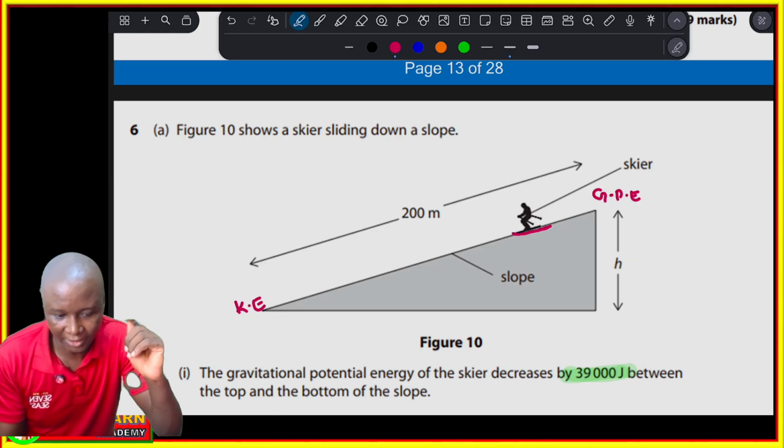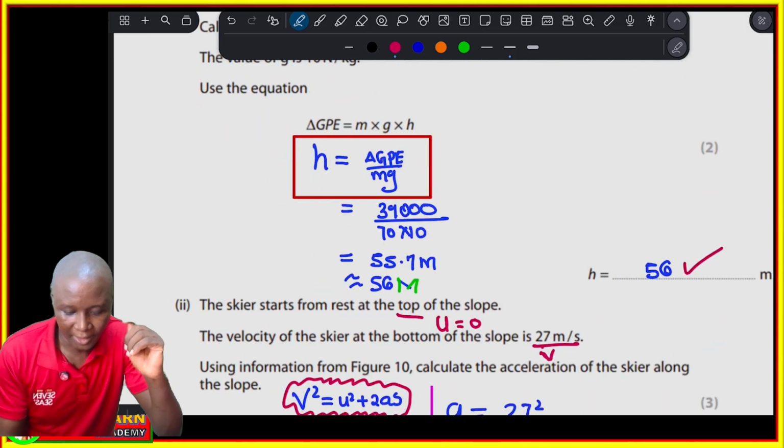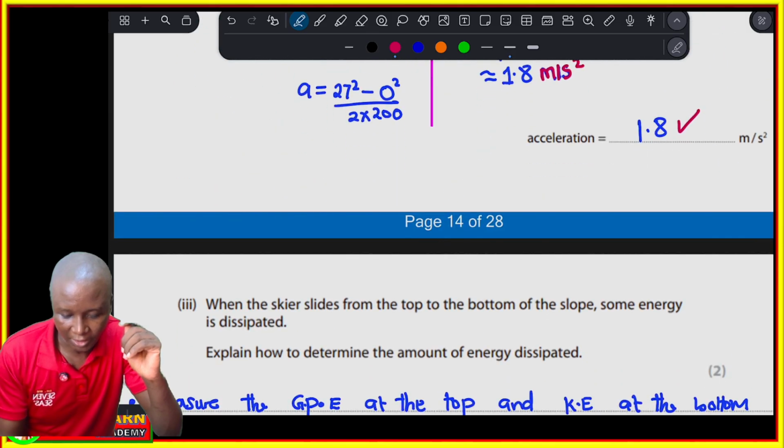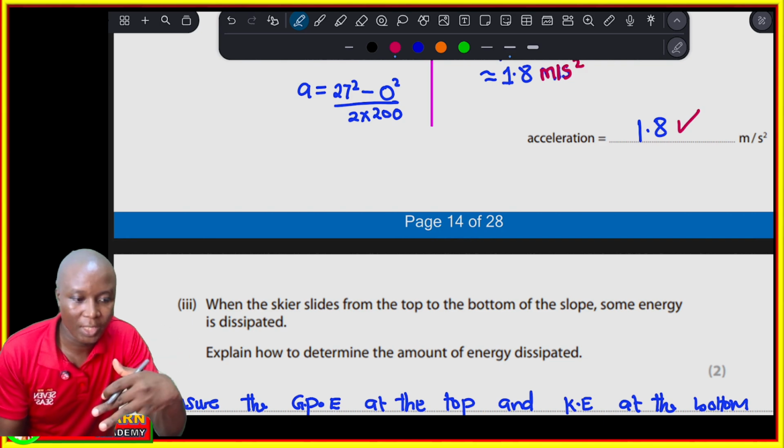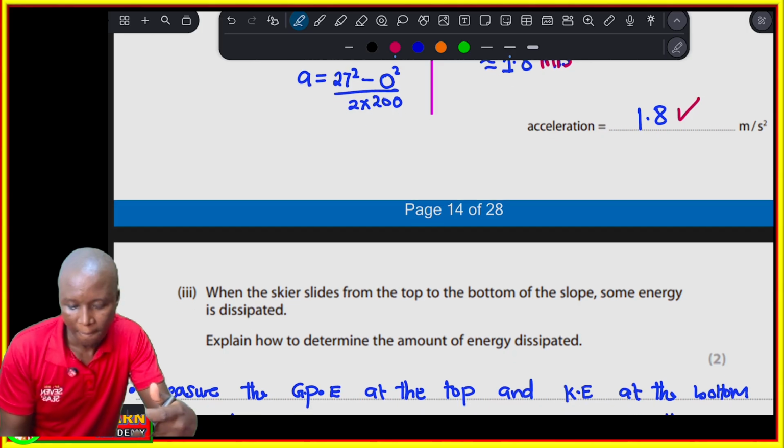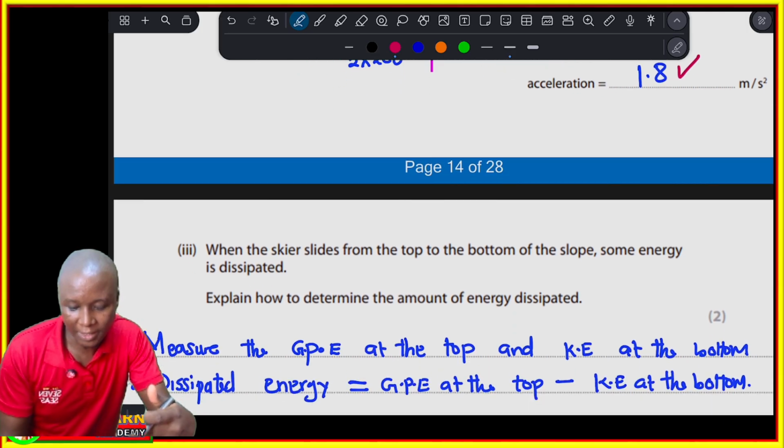For that reason, the examiner is asking you to state how to determine the amount of dissipated energy. So for you to determine the amount of dissipated energy here, you are going to say: measure the GPE at the top and also measure the kinetic energy at the bottom.